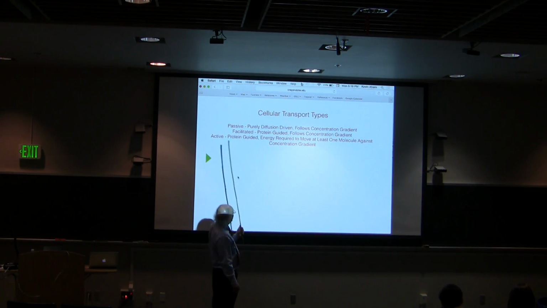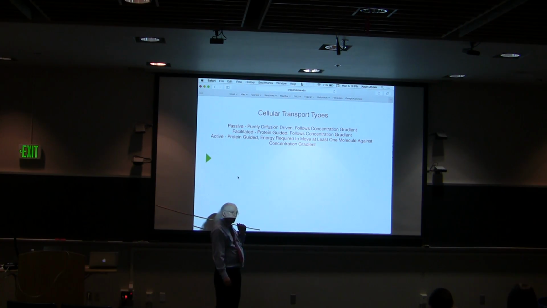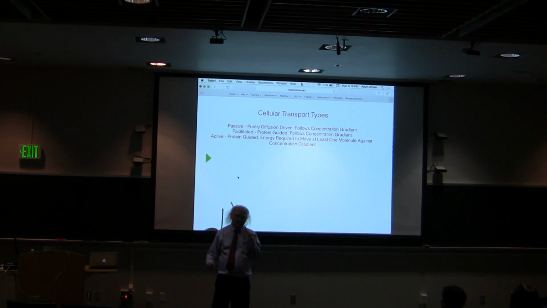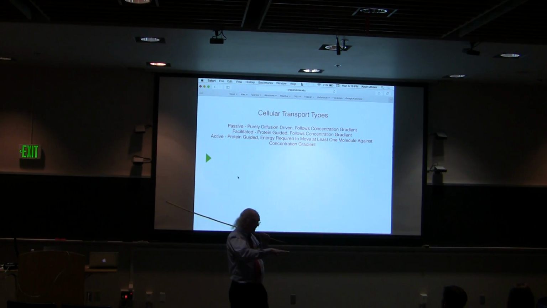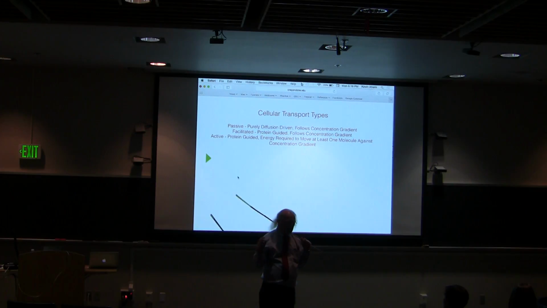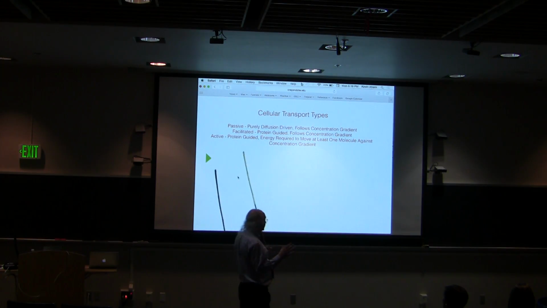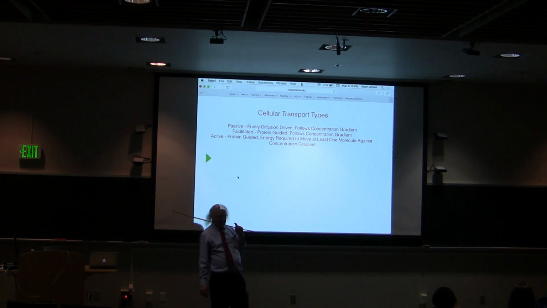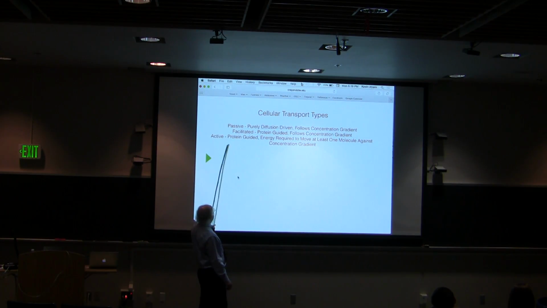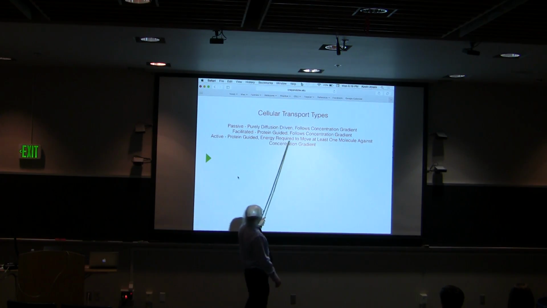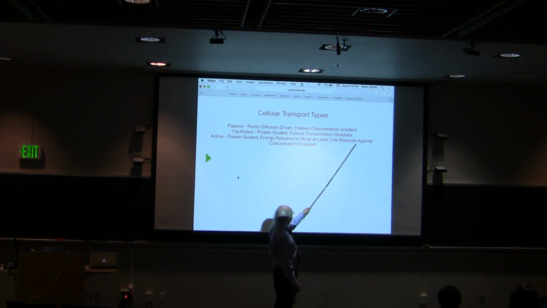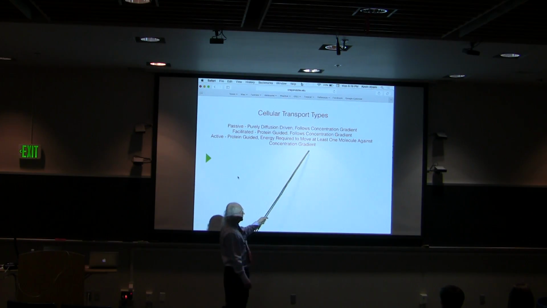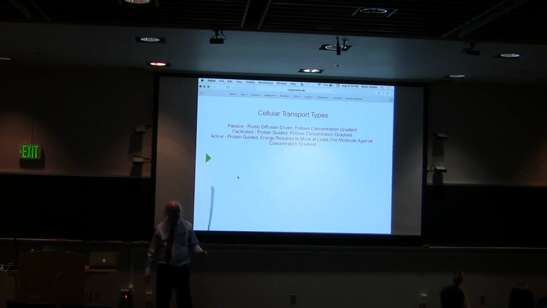So facilitated diffusion happens, but it's still a process of diffusion. Diffusion goes from a high concentration to a low concentration just through the movement of materials. The third process, active transport, goes against diffusion. It requires energy to go against diffusion, and that energy is required to move at least one molecule against a concentration gradient. Very important point.